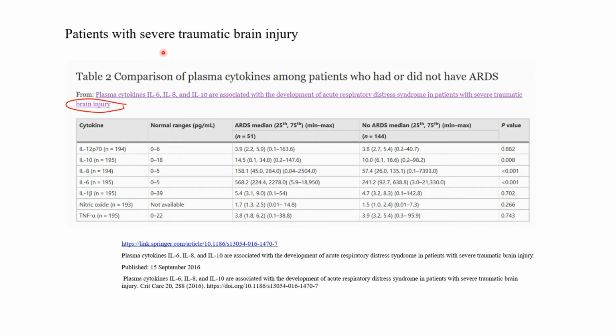This is a study of the patients with severe traumatic brain injury. So these people are looking at lots of interleukins and substances in patients with severe traumatic brain injury. Some of these patients can go on to develop acute respiratory distress syndrome, ARDS, and some do not develop ARDS.